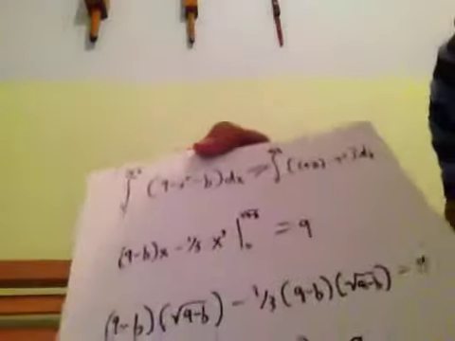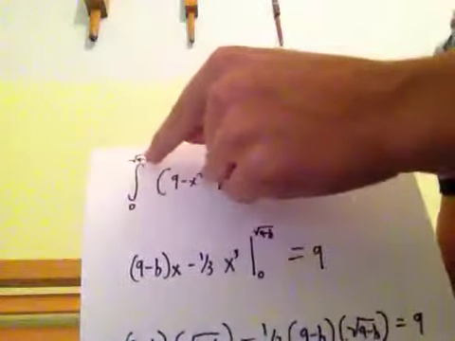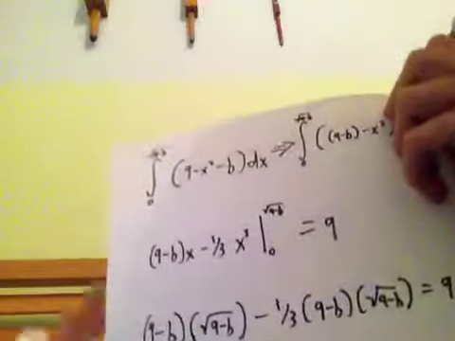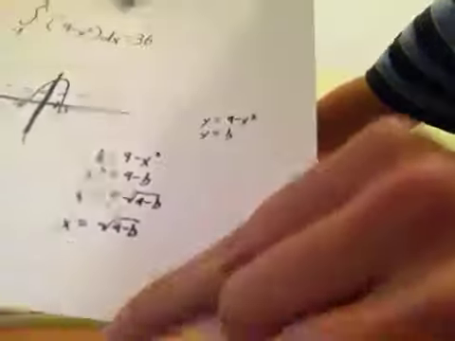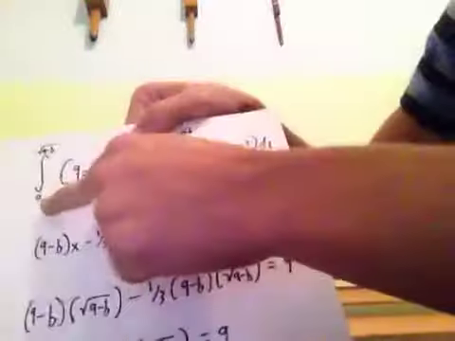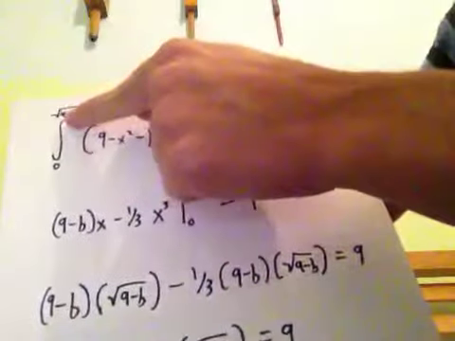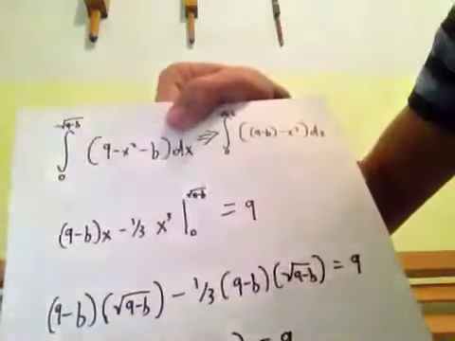From there, we're going from 0 to this point on the x-axis. Remember, we're going from 0 to this intersection that we just calculated through these steps. So that's why this integral is from 0 to the square root of 9 minus b. Okay.